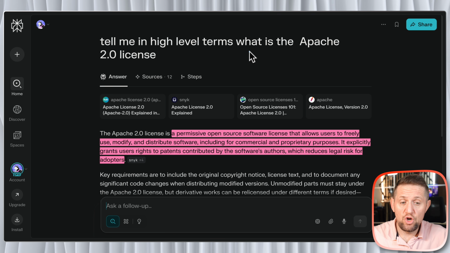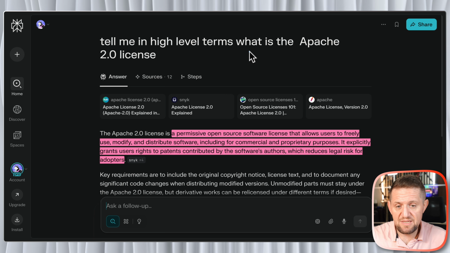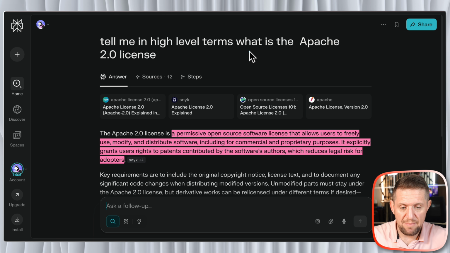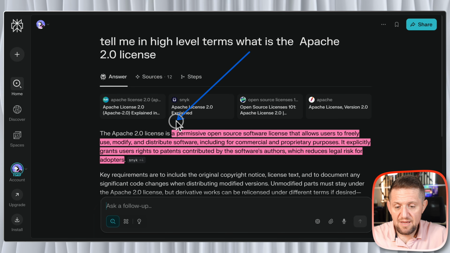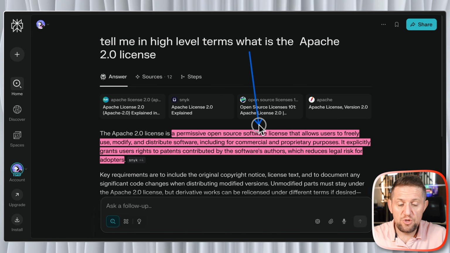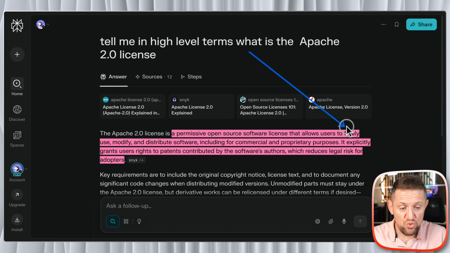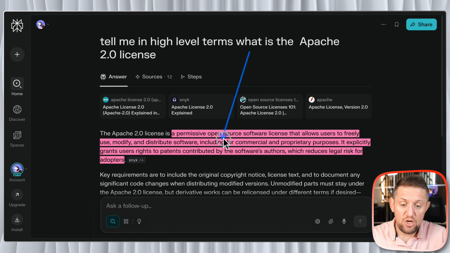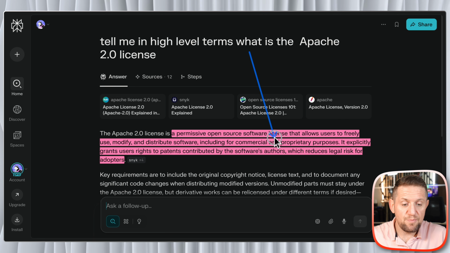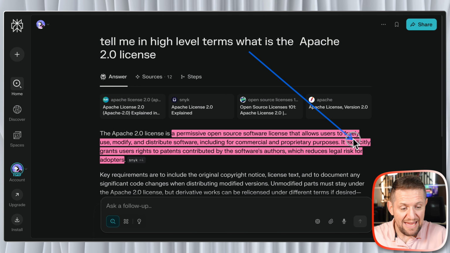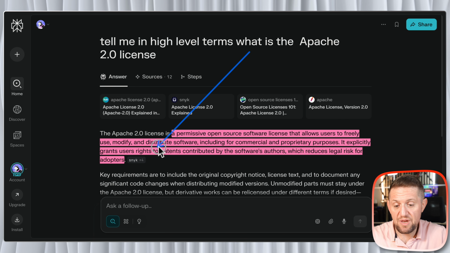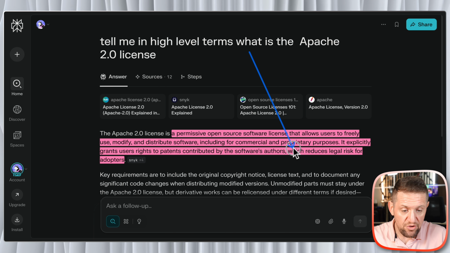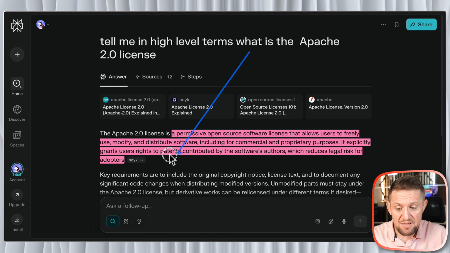So before I go to the system card, this is what the Apache 2.0 license, I think they pronounce it Apache, is, out of Perplexity. This is a permissive open source software license that allows users to freely use, modify, and distribute software, including for commercial and proprietary purposes. It explicitly grants users rights to patents contributed by the software's author, which reduces legal risk for adopters.